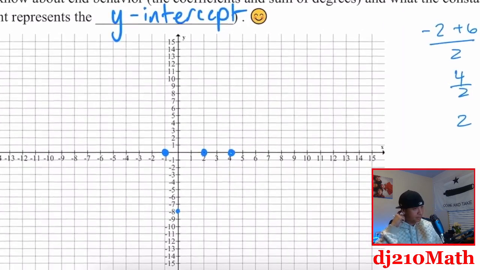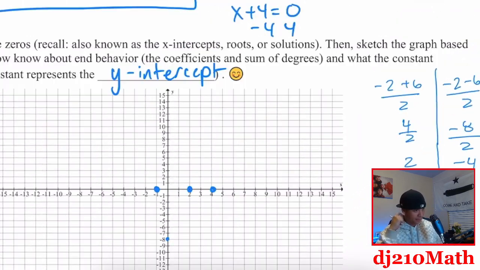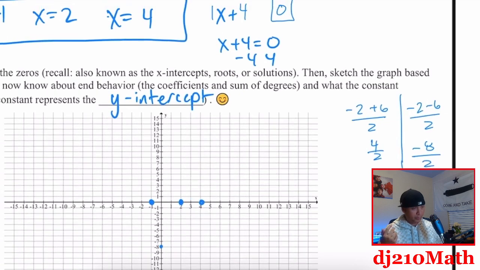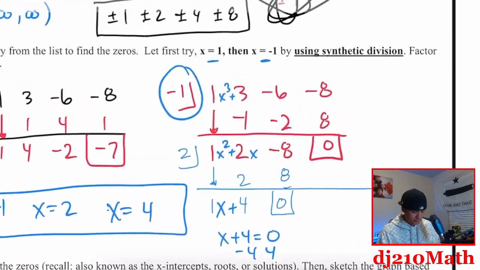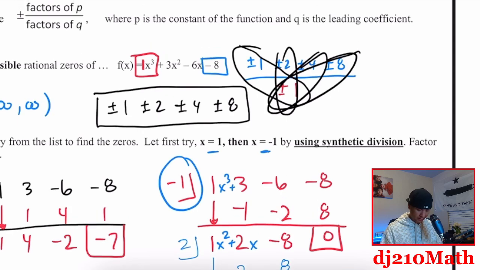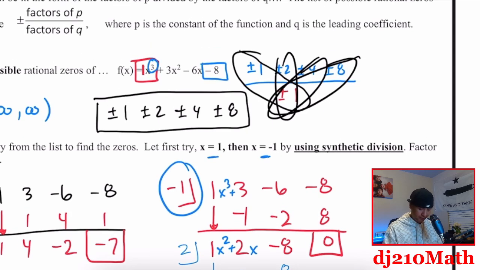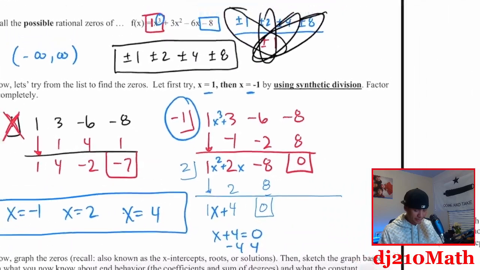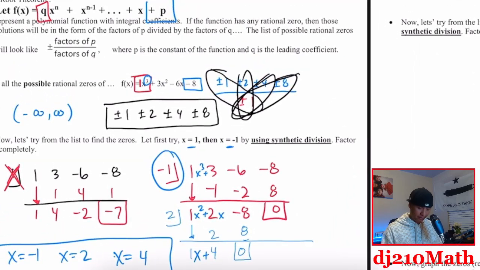All right. So far we have the x-intercepts and the y-intercept. The only thing we need now are the end behaviors. So remember, we find the end behavior by looking at the degree of the polynomial. This degree is 3, right? It's a third degree. Ultimately, it's odd. It's an odd number. So that means, remember, odd number falls to the left and rises to the right.